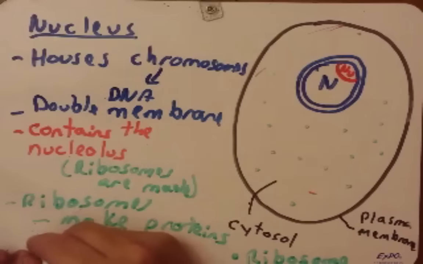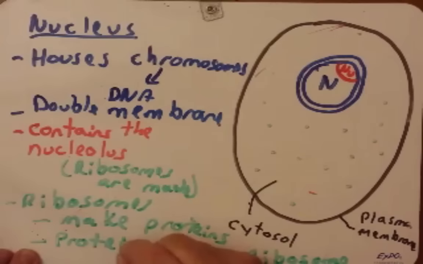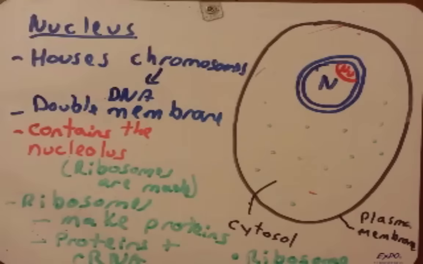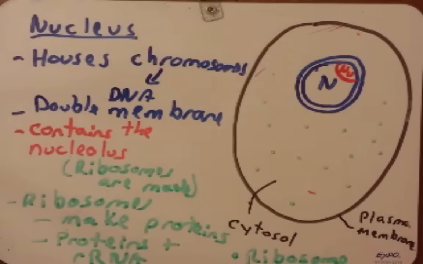They are made up of proteins plus ribosomal RNA. And this is really all I want you to know about ribosomes. That they make proteins, they're made up of proteins and RNA, and finally they're found within the cytoplasm of a cell. Alright, let me erase this information about the nucleus and move on to our next organelle.